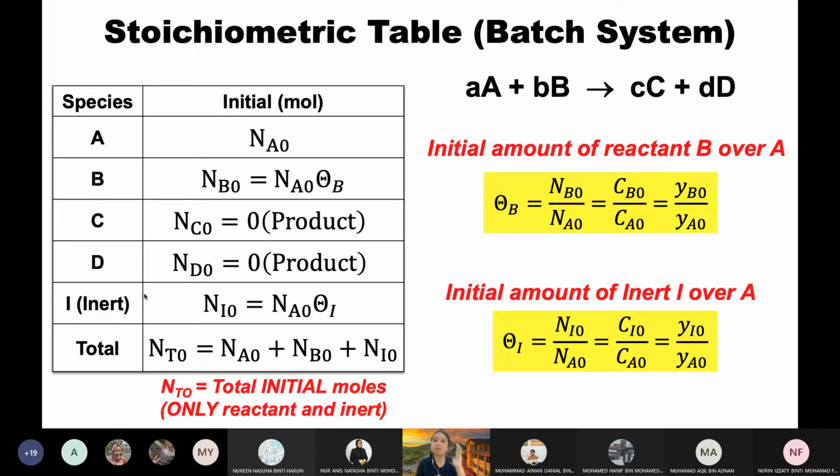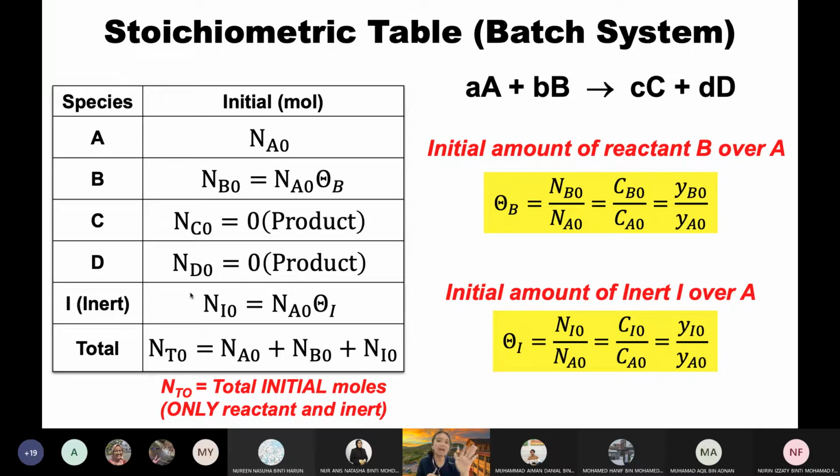Tetapi dalam pengiraan mass balance ni mesti ada sebab dia compound yang masuk dia ada weight, dia ada mass. So regardless involved or not involved in the reaction, they are in the system, you have to calculate its amount as well. So we call it as NI0. So I stands for inert. NI0 means initial moles of inert pula. So berapa bilangan mole asal inert yang ada.